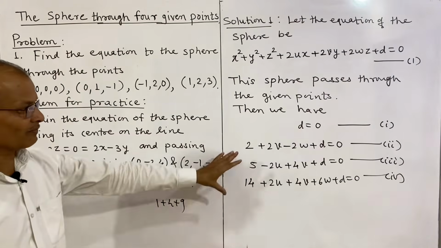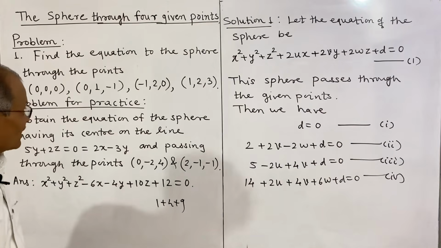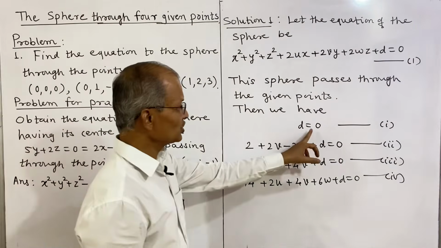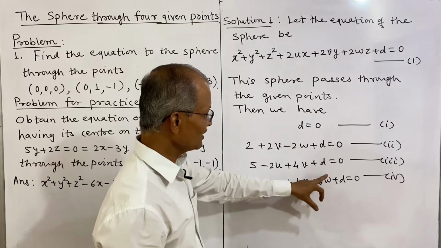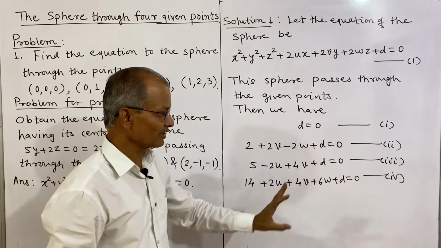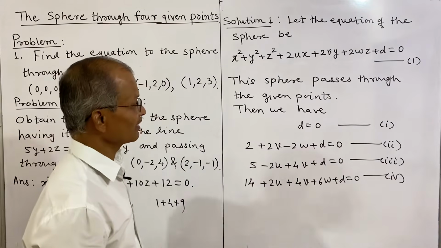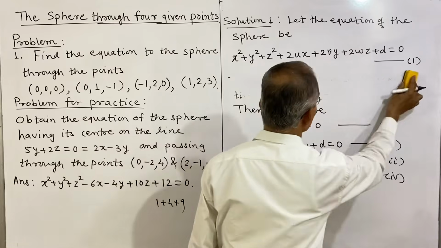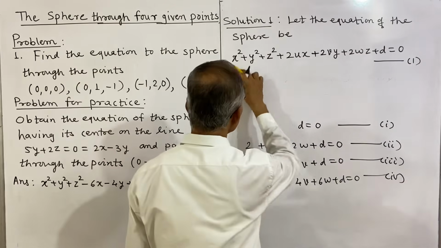Now this set of equations we can rearrange, and then we will solve it. See, because d is 0, each such term vanishes from the second, third, fourth equations also, and we rewrite this set of equations.